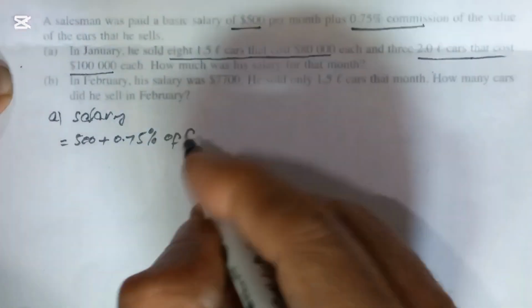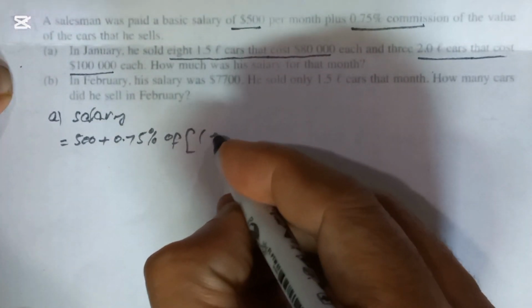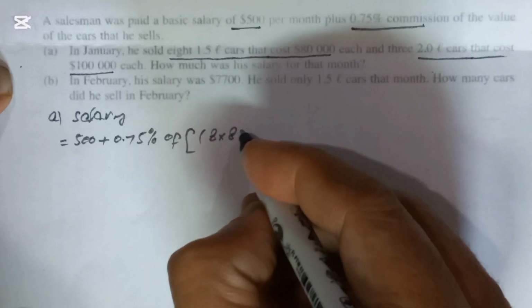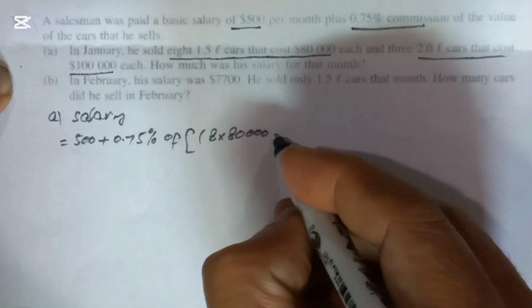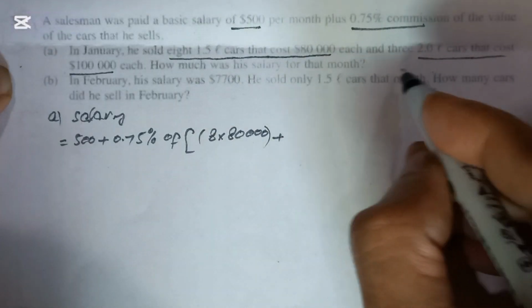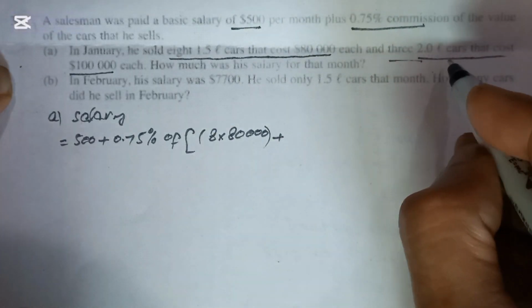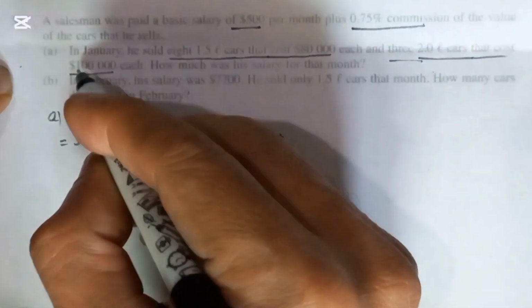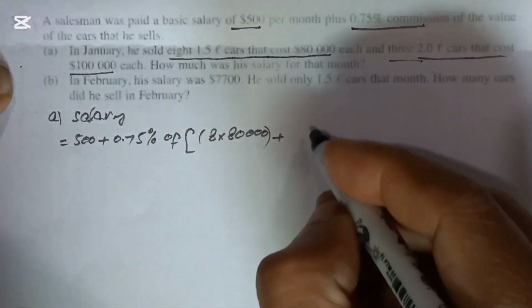So 8 into 80,000 plus 3 2.0 L cars that cost 100,000. So 3 into 100,000.